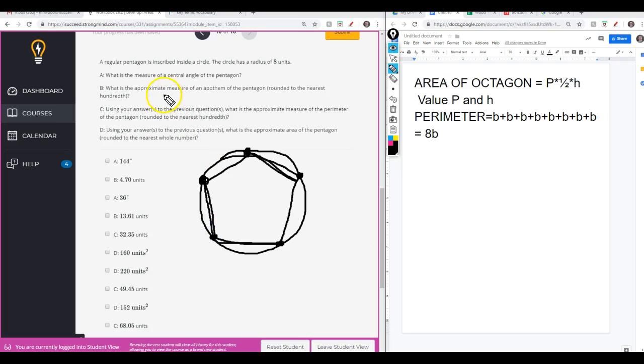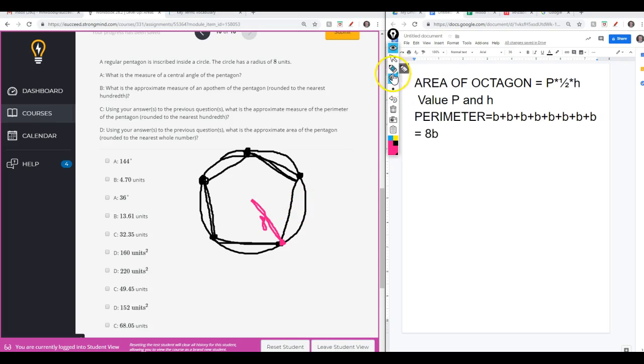We know that it says the circle has a radius of 8 units. So from the center of the circle to one of these vertexes, or to any point on the circle, is 8.